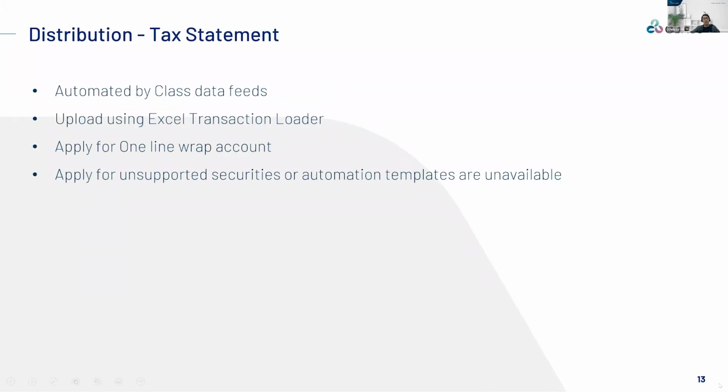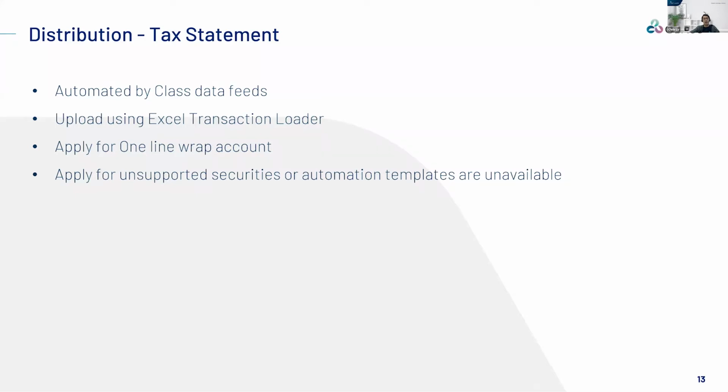In Class, we could see these distribution tax statement events automated by the Class data feed, or if we use the Excel transaction loader to upload the events. Another scenario is that if the superfund sets up a wrap account, then the tax statement automation via the console will not be available.